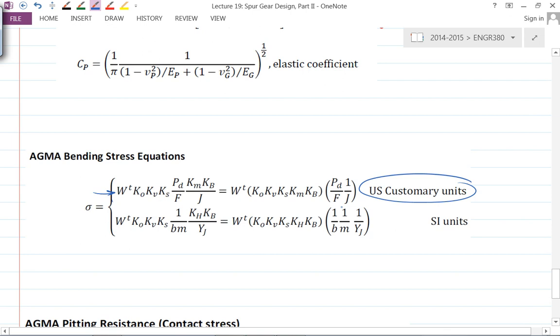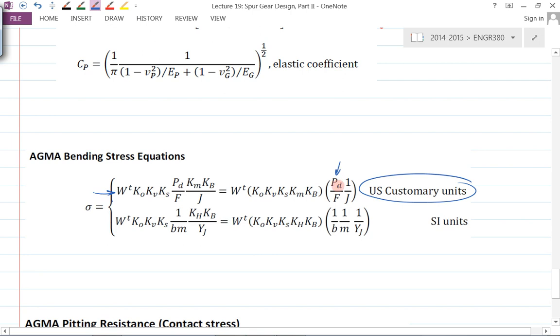The y in the Lewis equation didn't consider the stress concentration, right? So in the AGMA equation, later you'll see in the next lecture, when we calculate the j, we actually take this stress concentration into consideration. So this is what I mean by modification here.